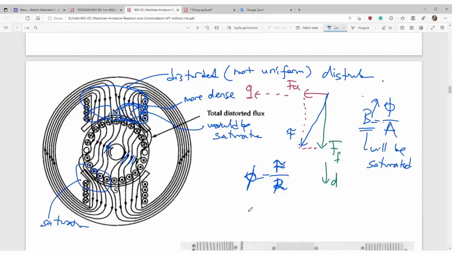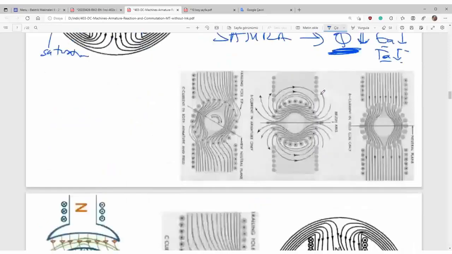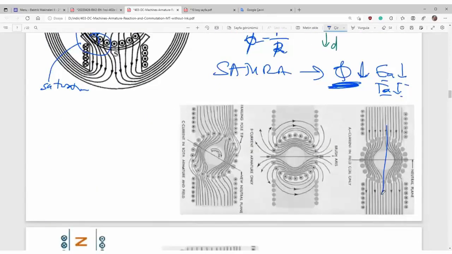And saturation causes flux drop, EMF drop, and torque drop. Houston, when there is a flux drop, the other elements will be affected. The machine will go under a new equilibrium. Here is what happens: first the d-axis, then the quadrature axis, and then that is the result. That is the F net or resultant.